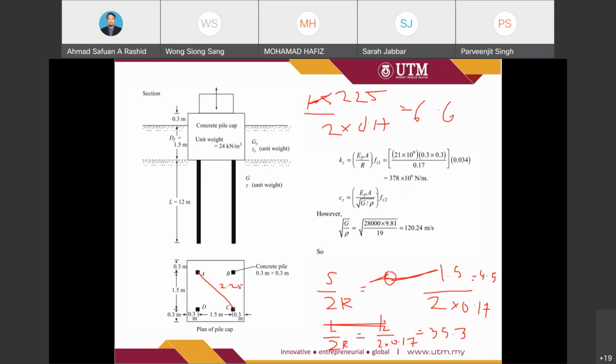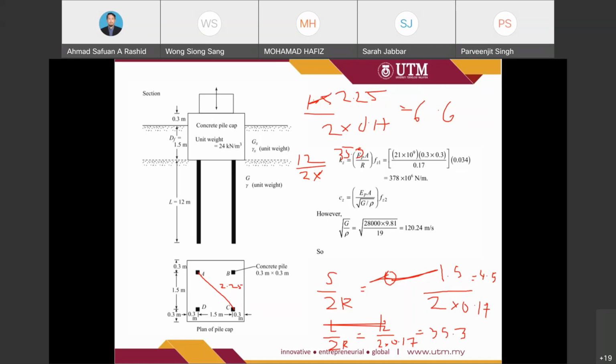Then the L over R is 12 over 2 times R, which is 35.3. Then we refer to the diagram. 6.6 is greater than 5, so most probably we use 5, and the L over 2R is 35.